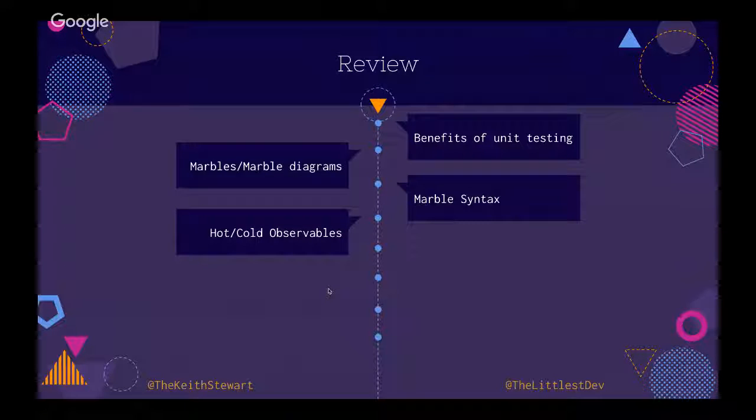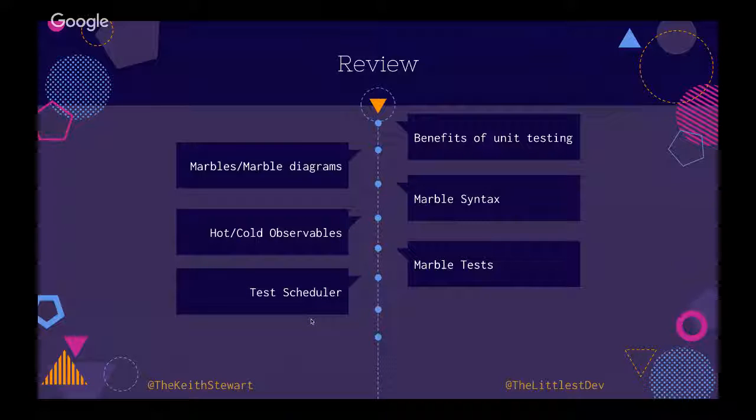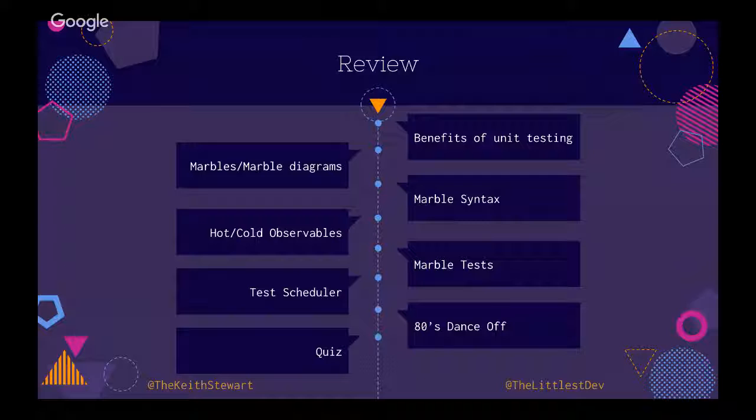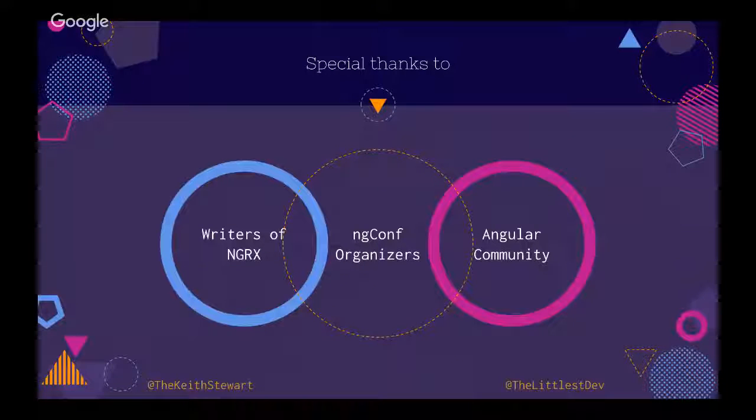We found out what the difference between hot and cold observables is. Went over some example marble tests. Learned about how we can override the test scheduler. Sam danced for us. And we took a quiz. So we would like to thank the NGConf organizers, one of which is in the room, the writers of NGRX, none of which are in the room, and the Angular community, all of which are in the room.